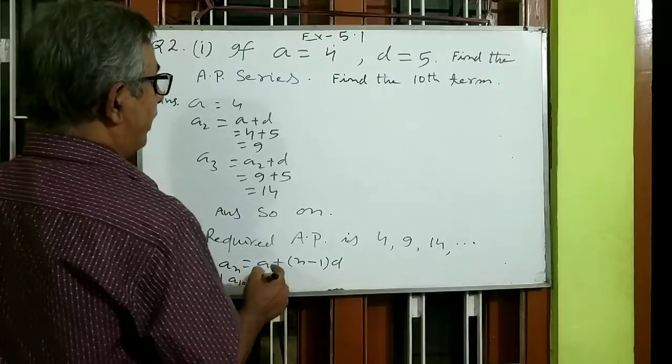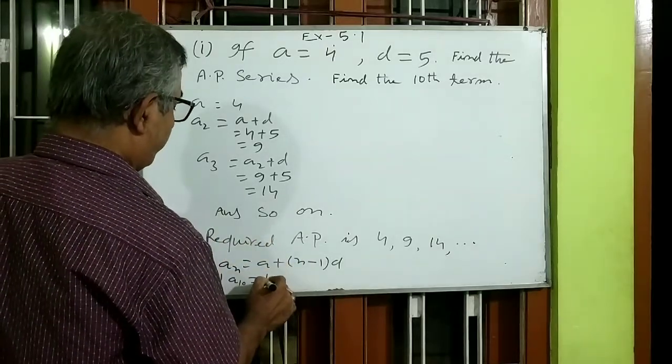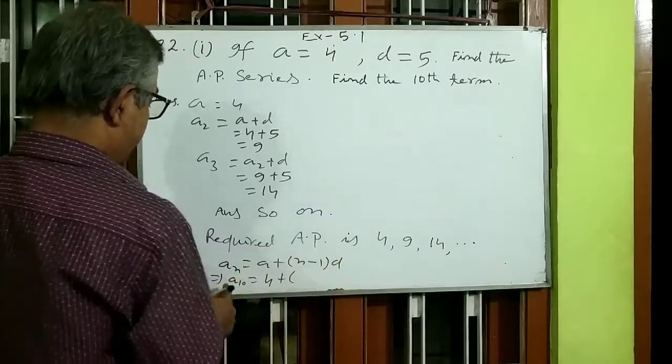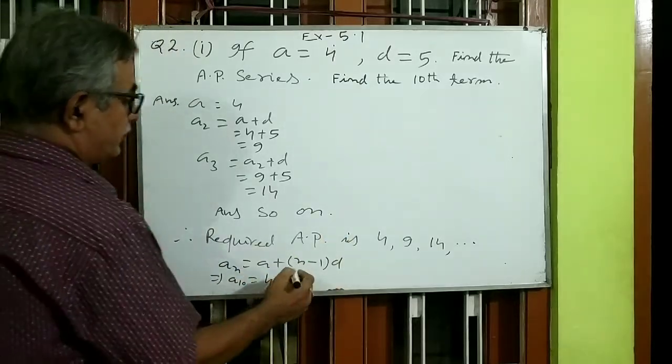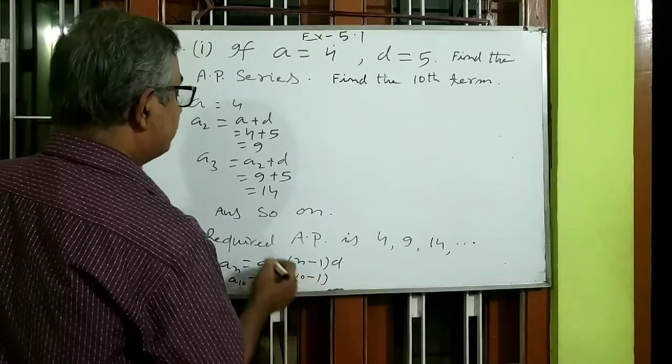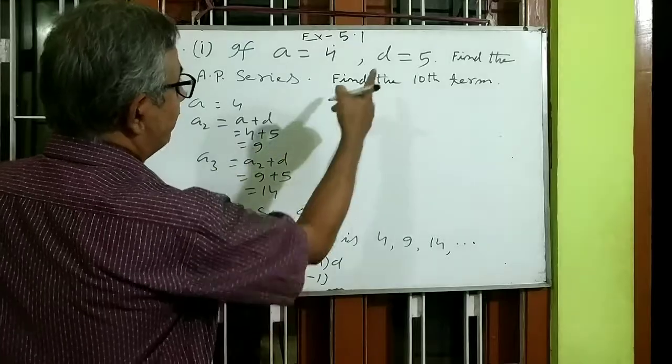And a is equal to what? 4. N means what? Here it is the 10th term, so n is equal to 10 you have to take, minus 1. And d is what? d is 5.